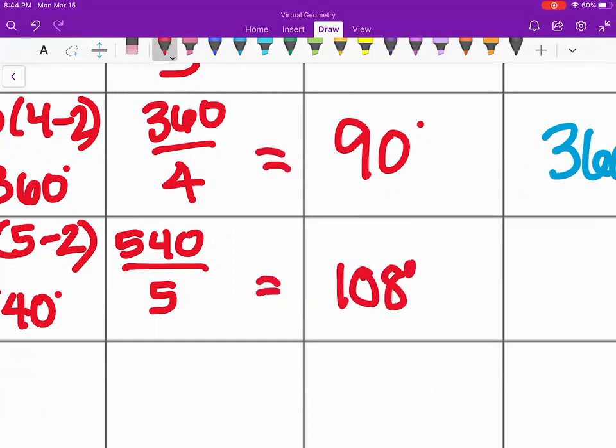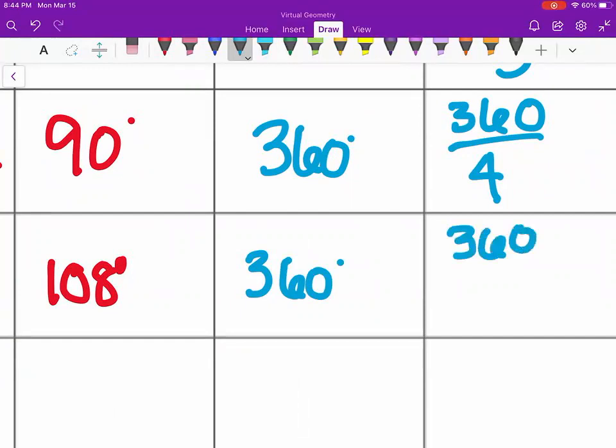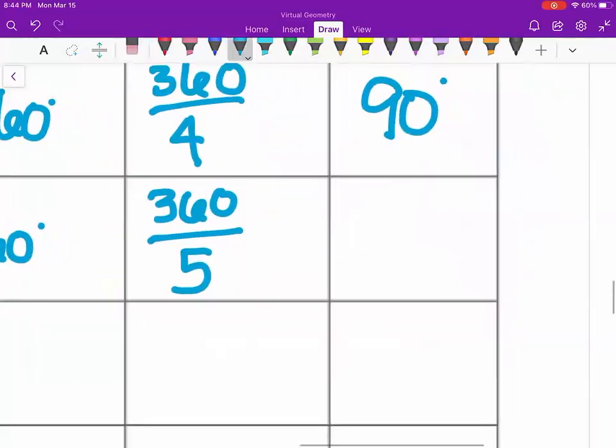Each of these is giving us the next box. Now let's do the same thing with the exterior angles. No matter the size, the total exterior is always 360. So 360 divided by the 5 angles it has means each exterior angle is 72 degrees. Let's keep going.